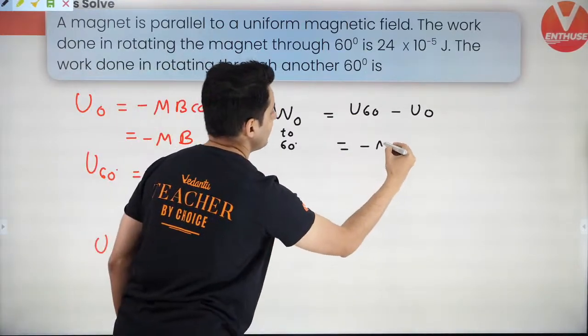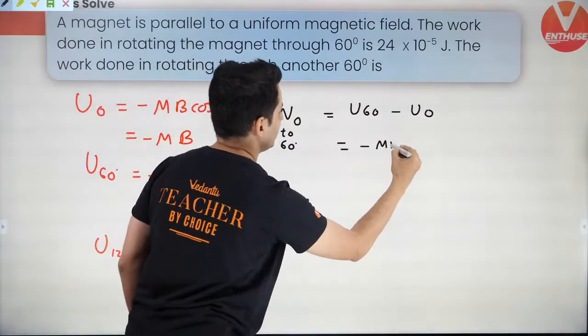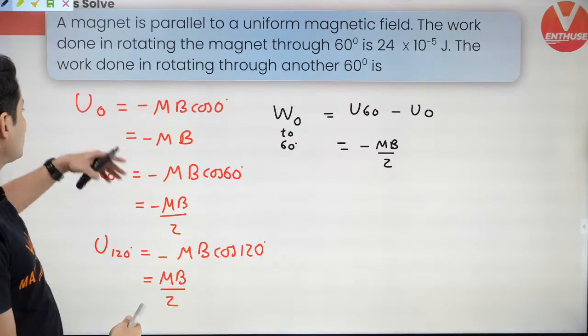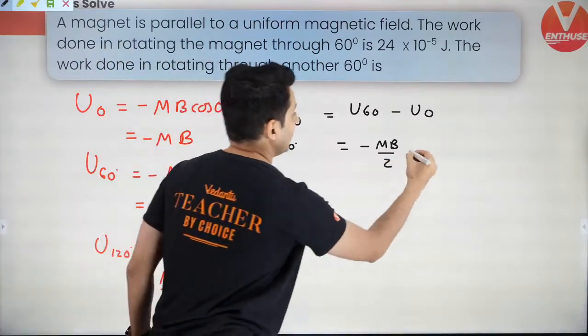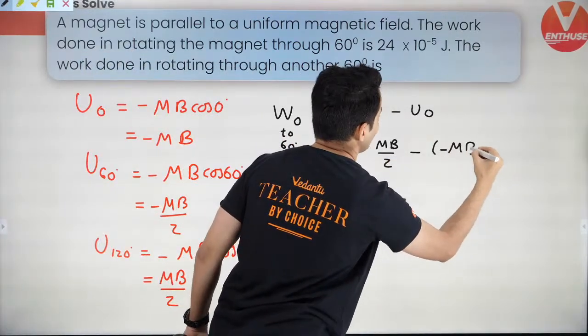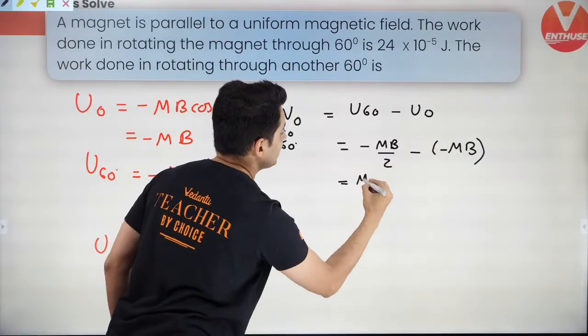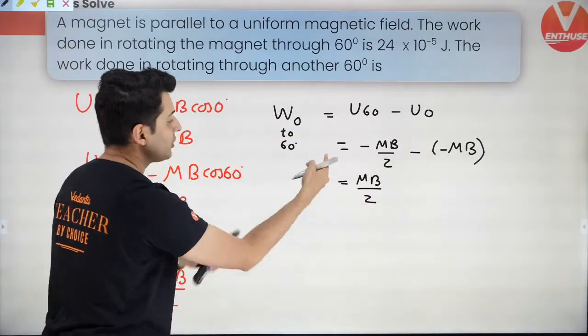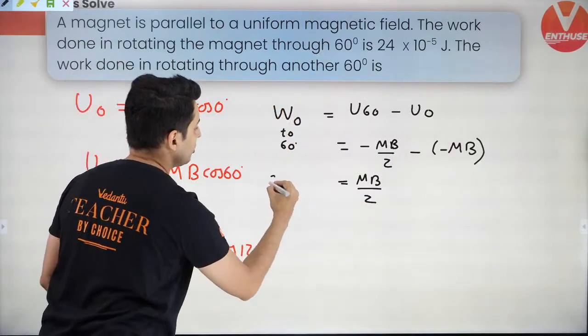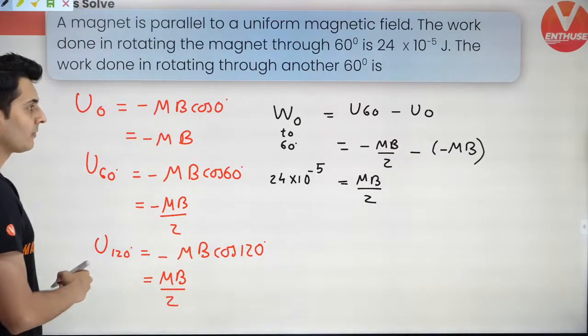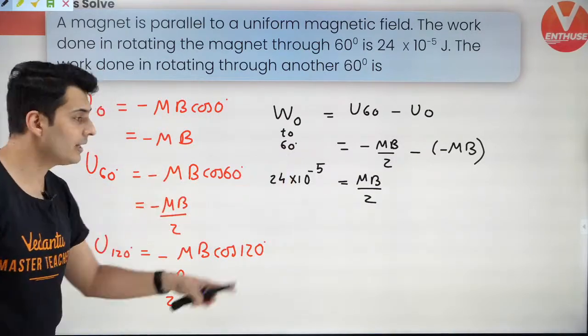It's minus MB by 2, minus the initial energy, which is minus MB. So minus MB by 2 minus (minus MB) will be plus MB by 2. So plus MB by 2 is 24 into 10 to the power minus 5 joules. Correct? This was from 0 to 60 degrees.